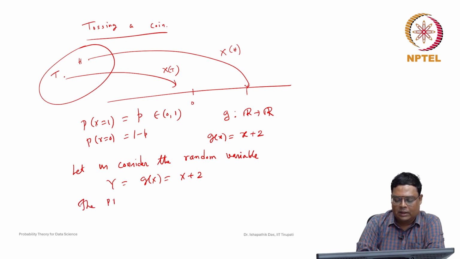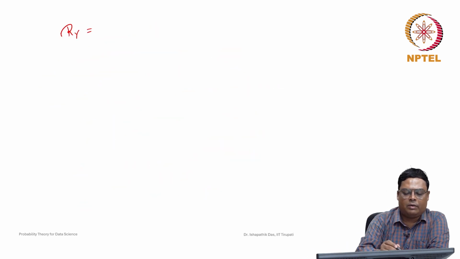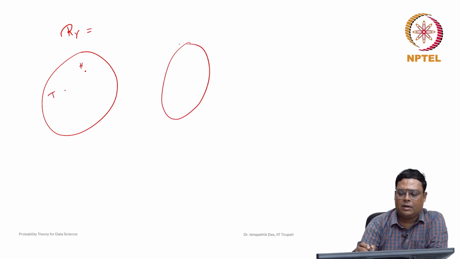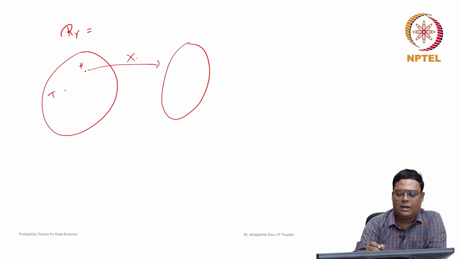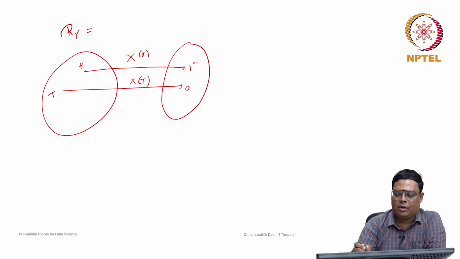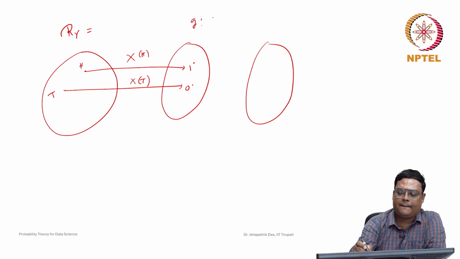First of all, we have to find the range of Y. What values can it take? There is S, head and tail, and then the real numbers. X of head goes to 1 and X of tail goes to 0. Under g, which is a function from R to R, g of x equals x plus 2.